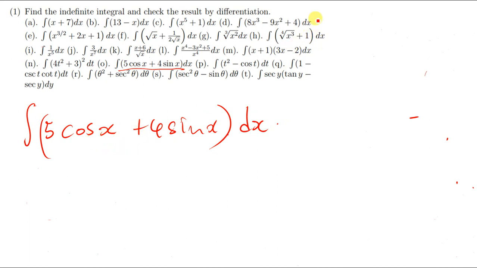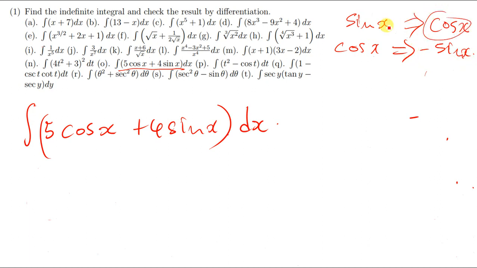We know that the derivative of sine x is cos x, and the derivative of cos x is negative sine x. So when integrating, where there's cos x, we're going to put sine x. Where there's sine x, we'll put negative cos x.